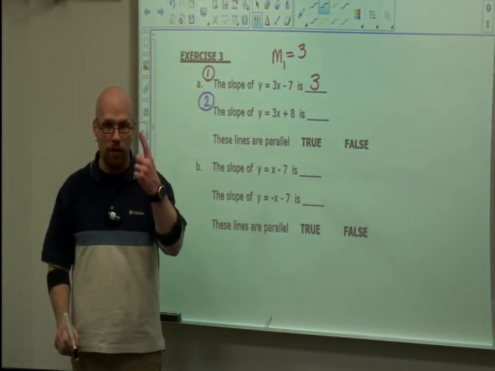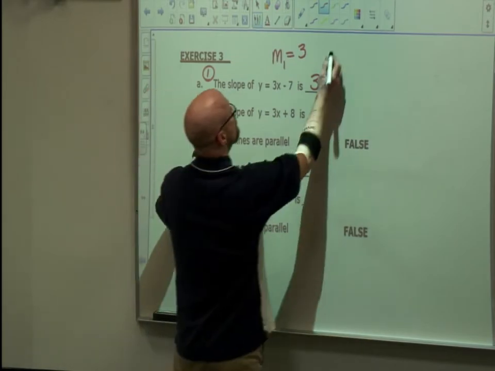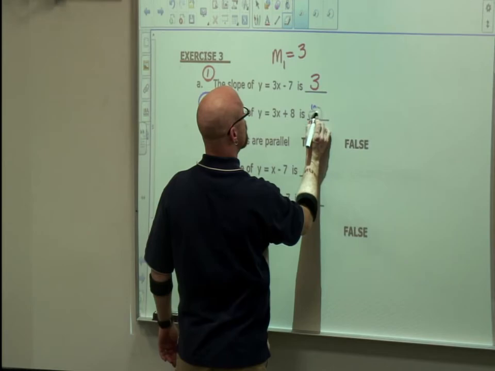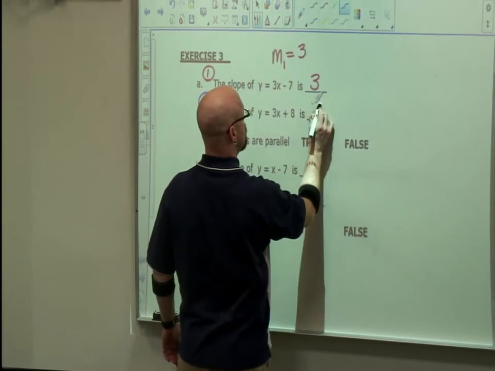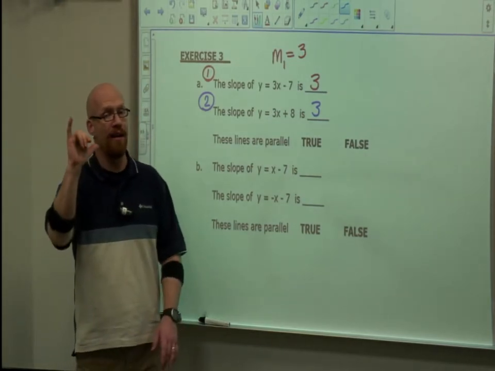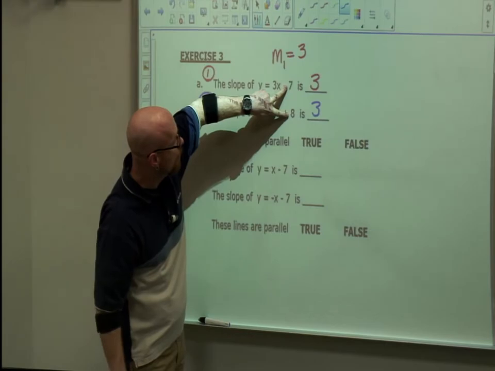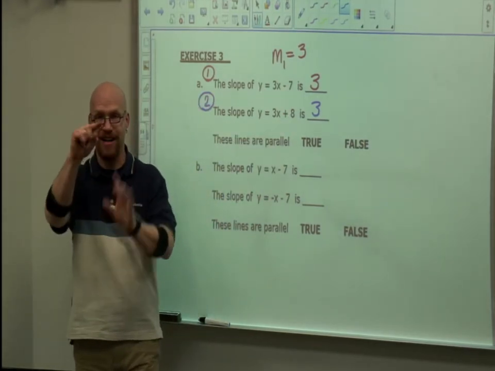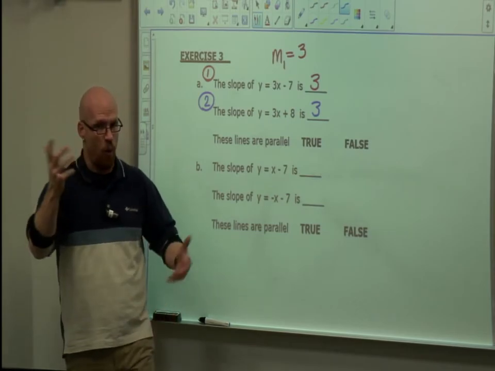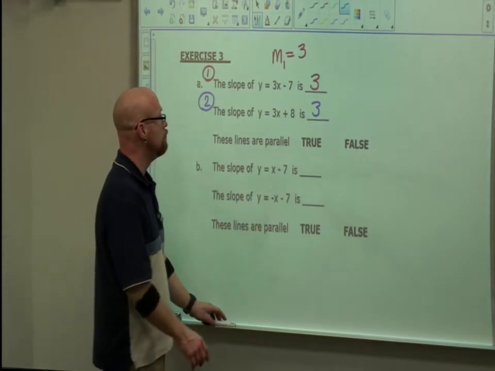The second one has m equal to 3 too. Now, we can also see the b value. One is -7, the other one's +8, so it's different. Therefore, what? They are parallel.